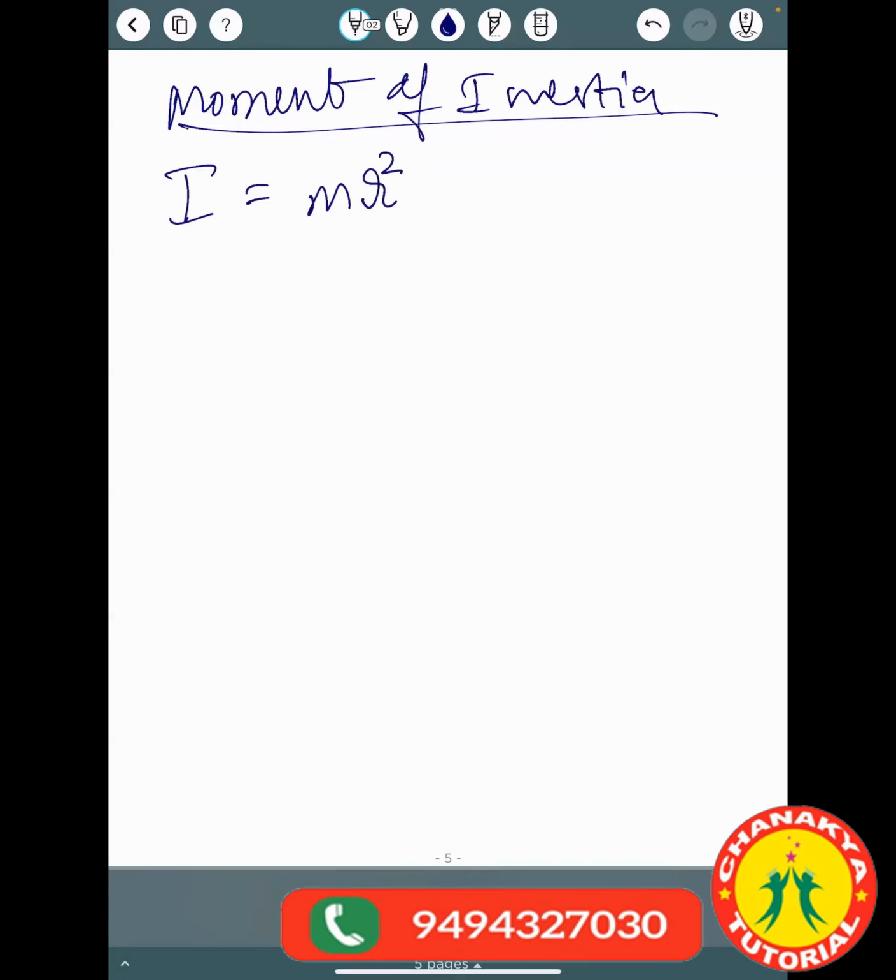Let us say there is a particle of mass m which is rotating about this axis, sitting at a distance r. You have to first define about which axis it is rotating. Omega tells you with what velocity it is rotating. So if it is a mass m and a perpendicular distance is r, then the moment of inertia is given by mr square.